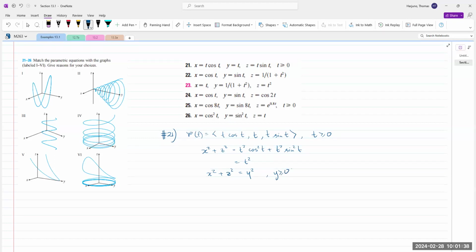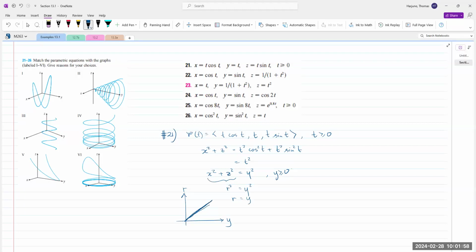Okay, you can think of this as r squared equals y squared, r equals y. If we have the yr coordinate, that's what it looks like.